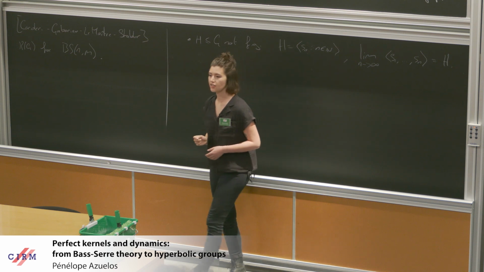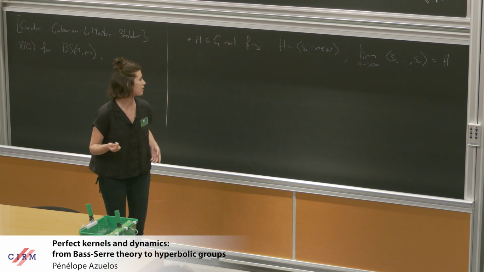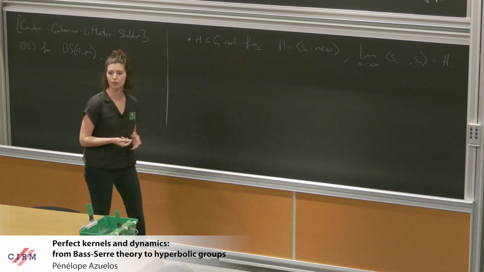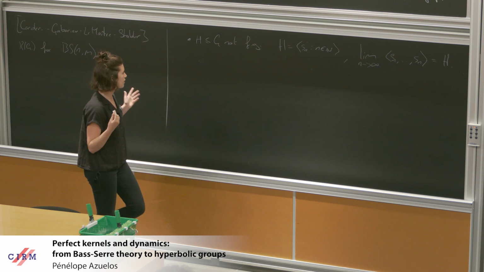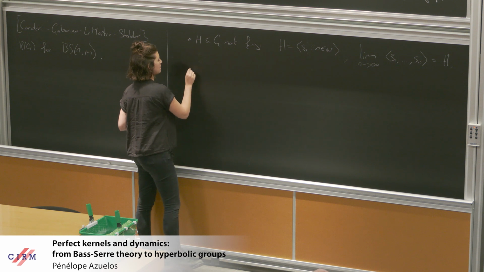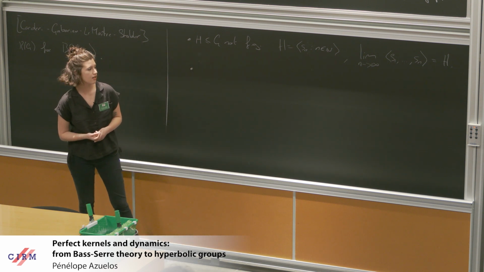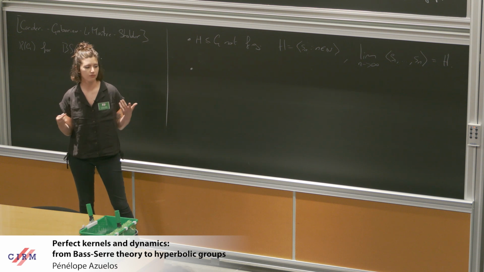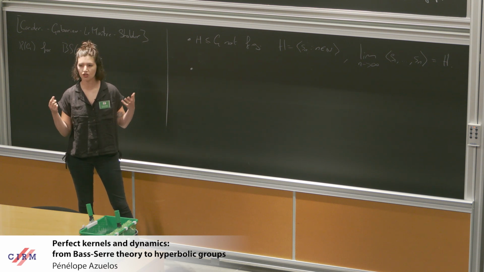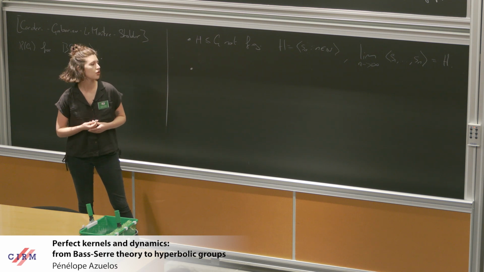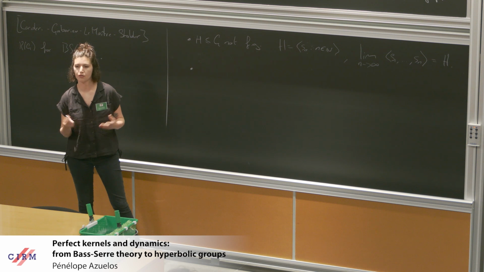This doesn't necessarily mean that it's in the perfect kernel, because you need to actually find a perfect subspace for the subspace topology, but it's a first step. Conversely, if you have a subgroup which is finitely generated, then you can't do this, because the set of all subgroups which contain it is itself an open neighborhood. So any finitely generated subgroup, you're going to have to approximate from the outside.